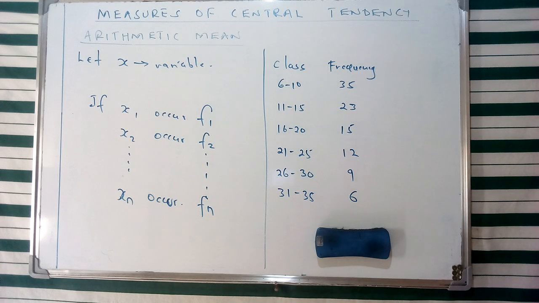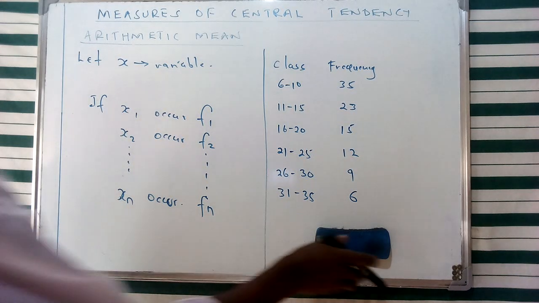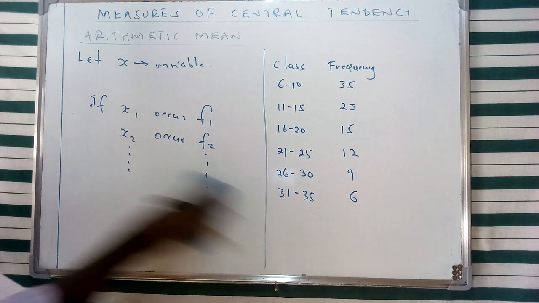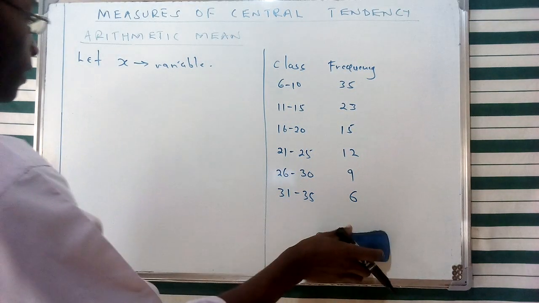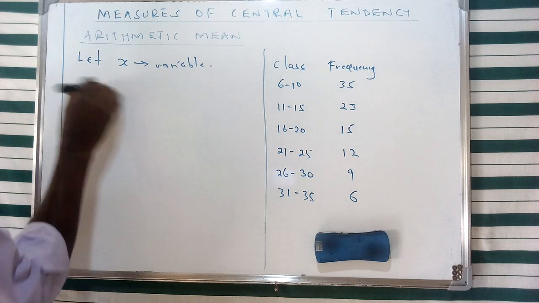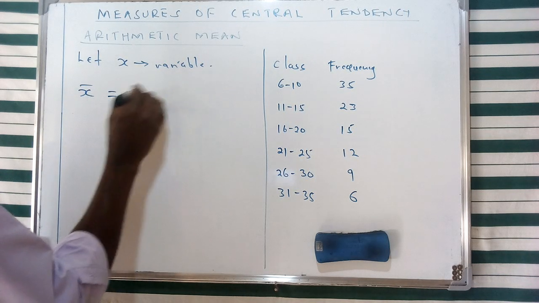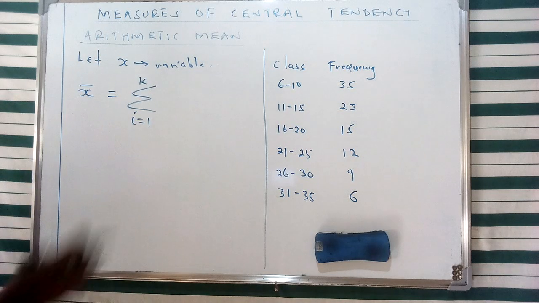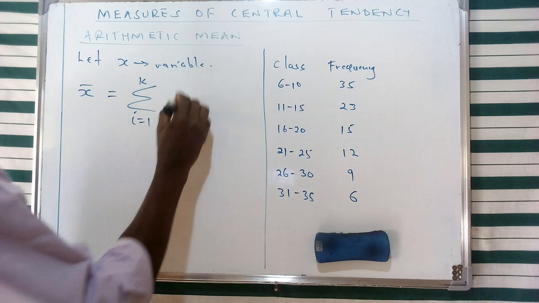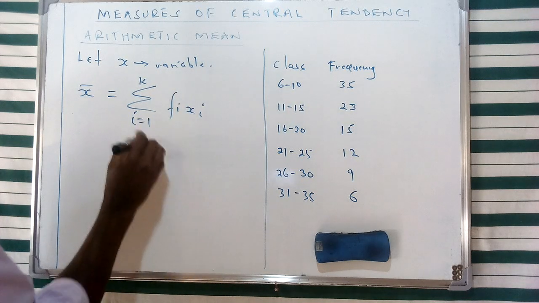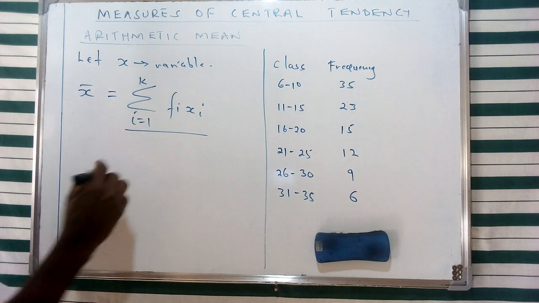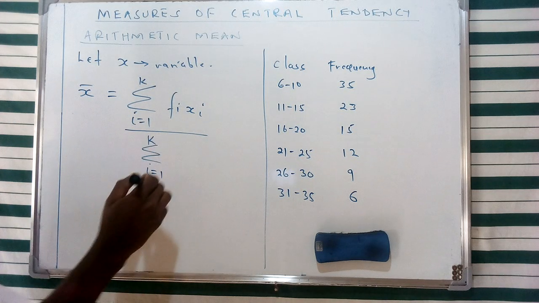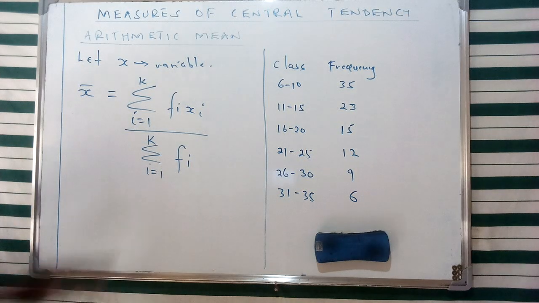Now, in this case, we also came up with a general formula, which was given in terms of the number of classes, given as k. Our general representation for this second scenario was that the arithmetic mean is given as the summation from i equals 1 to k of the product of the frequency and the x items, divided by the sum of all those frequencies of the various classes, the summation of fi.